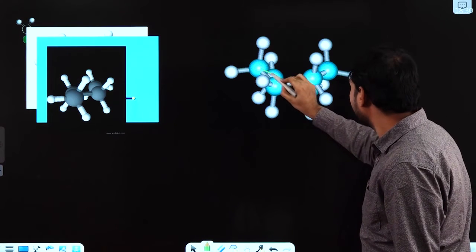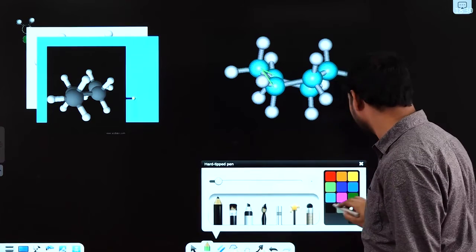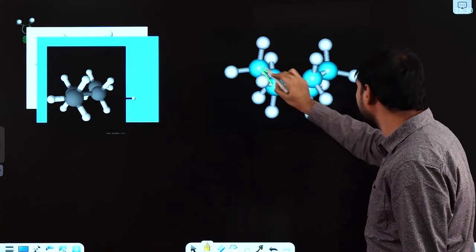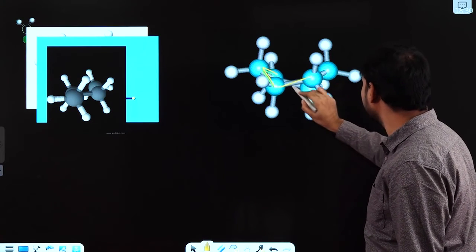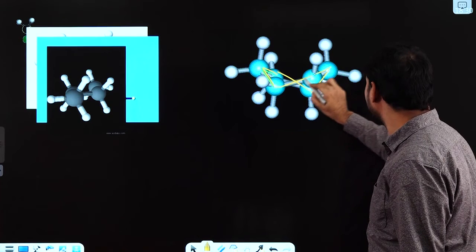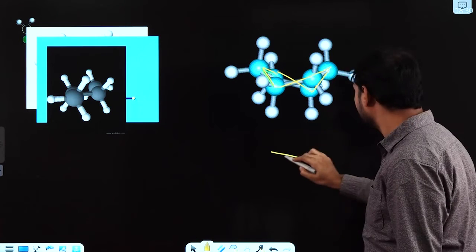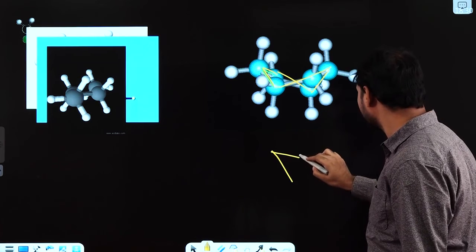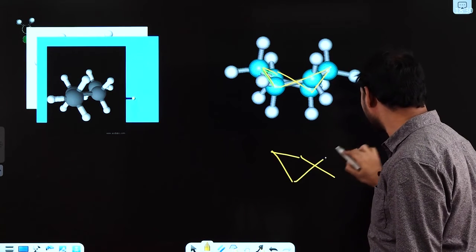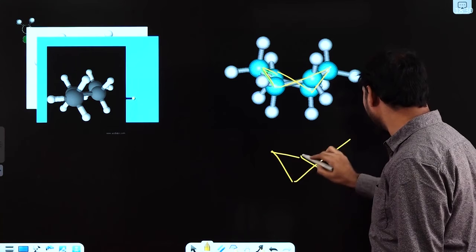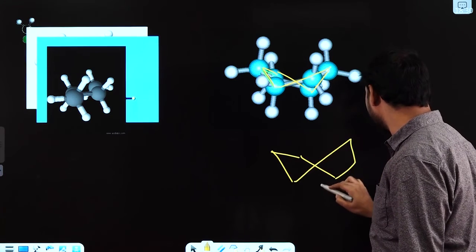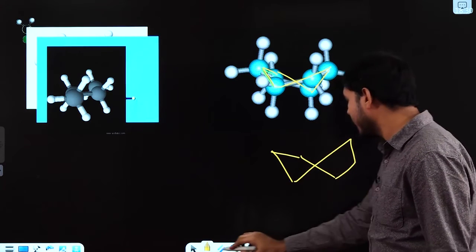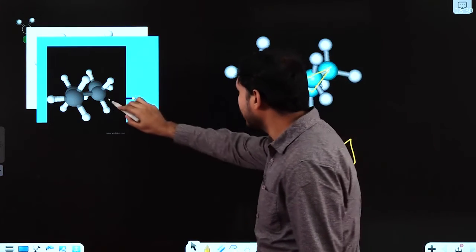See, this side is making a cross. Okay, twist boat. One, two, three, four, 5, 6. It is twist boat, right? This part. Let's take the next example.